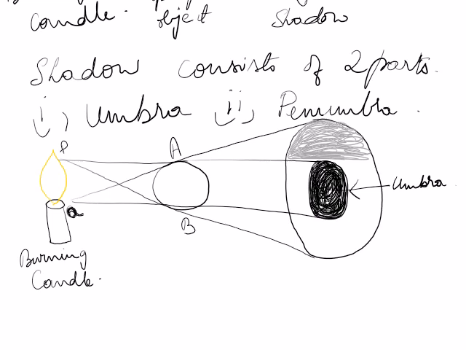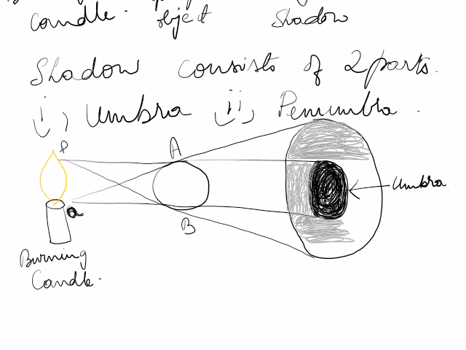Light reaches partially from the upper and lower portions of the opaque object. The light which grazes the object and reaches from the upper and lower parts. This part is called penumbra.